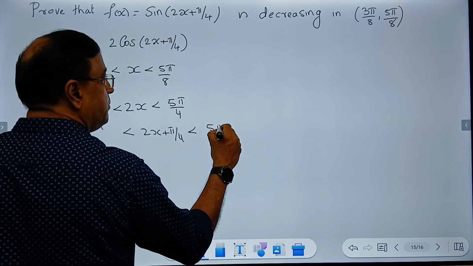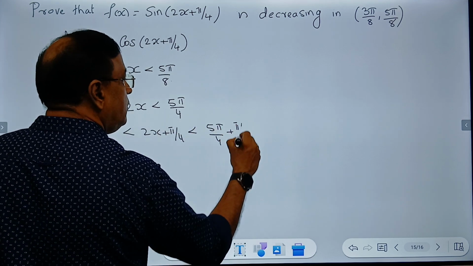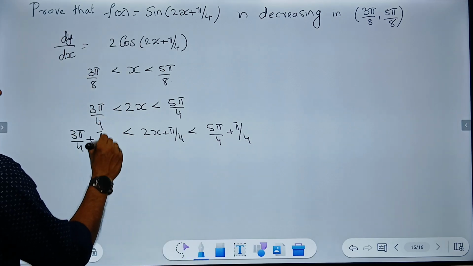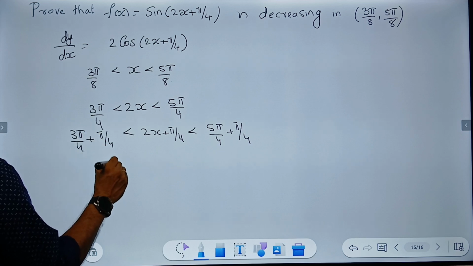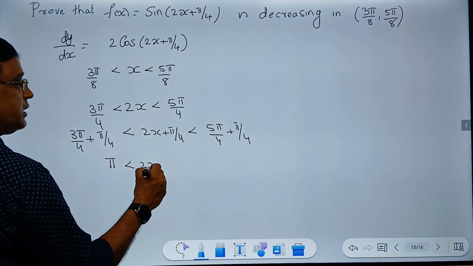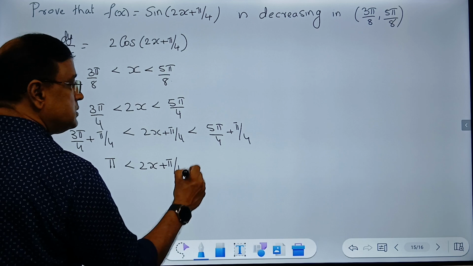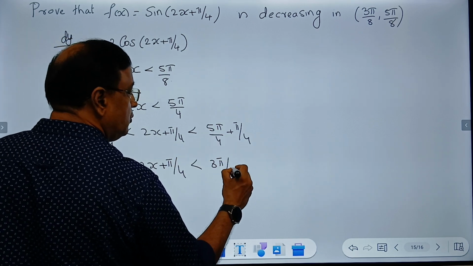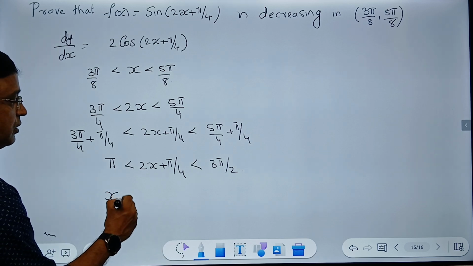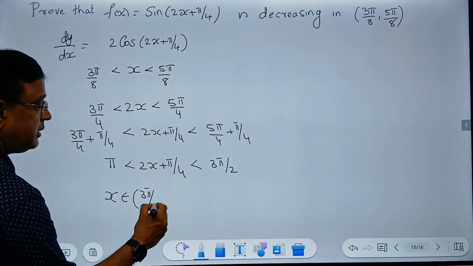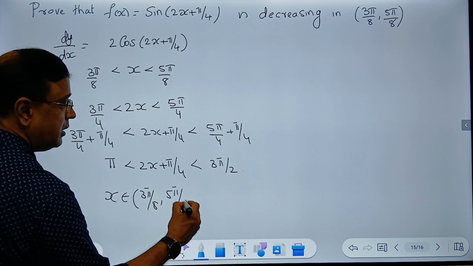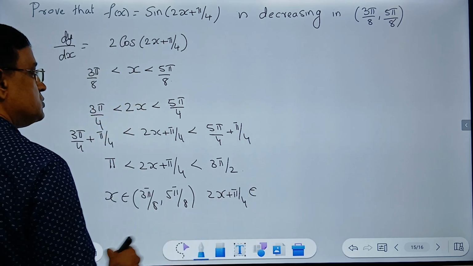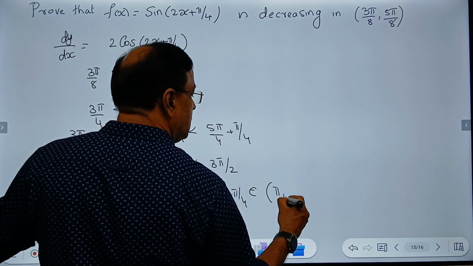This is 3 pi by 4 plus pi by 4 and 5 pi by 4 plus pi by 4. Now 3 pi by 4 plus pi by 4 is pi, so pi is less than 2x plus pi by 4, which is less than 6 pi by 4, which is 3 pi by 2. Therefore, when x belongs to 3 pi by 8, 5 pi by 8, my 2x plus pi by 4 belongs to pi comma 3 pi by 2.